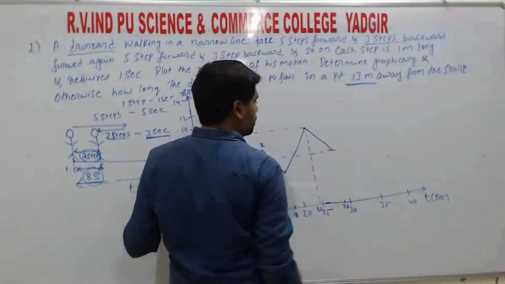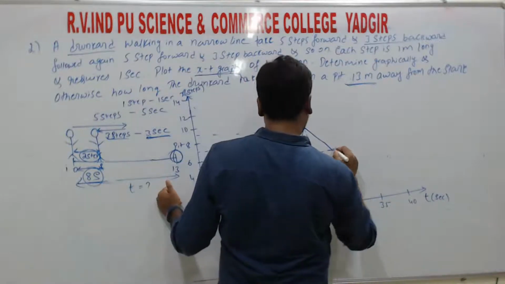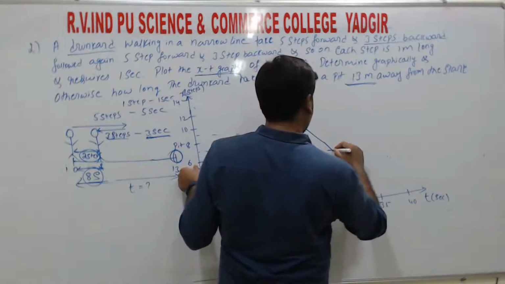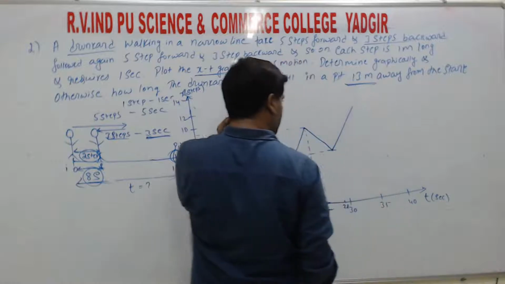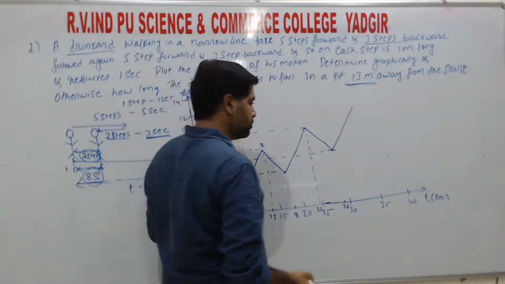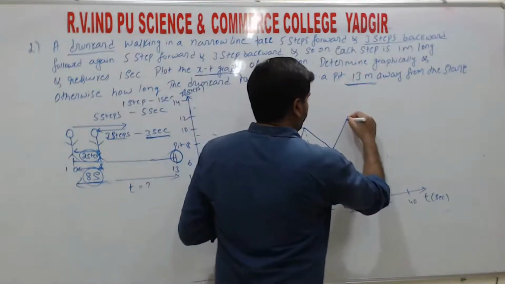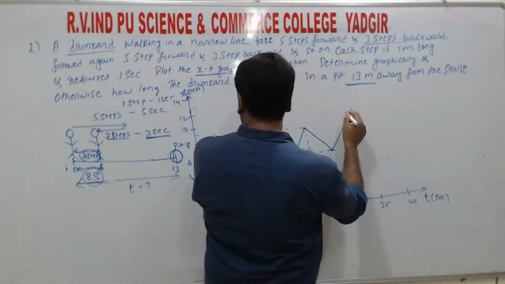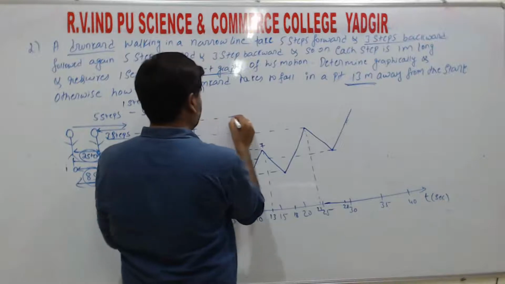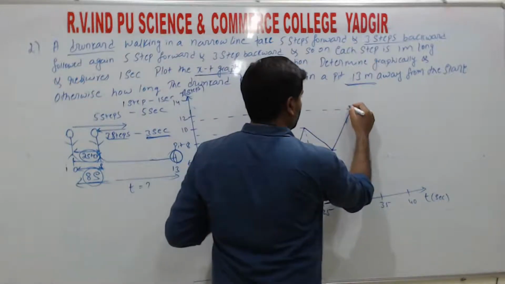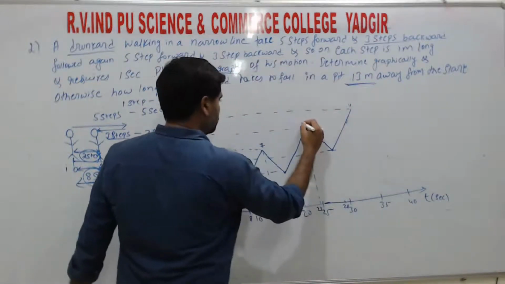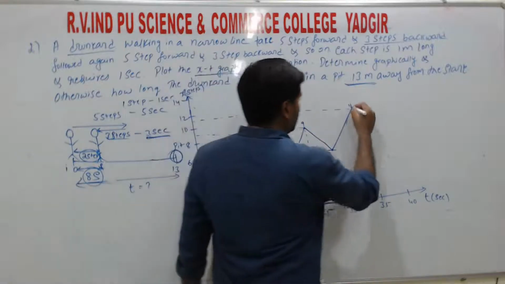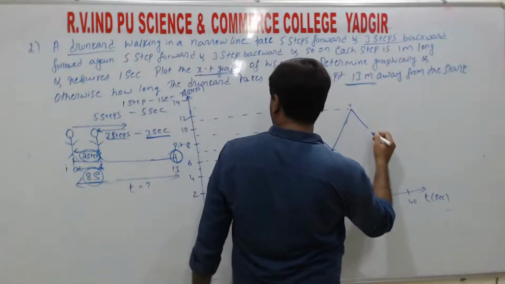Next, again 5 steps: 6 plus 5, 11. 11 minus 3, 8.